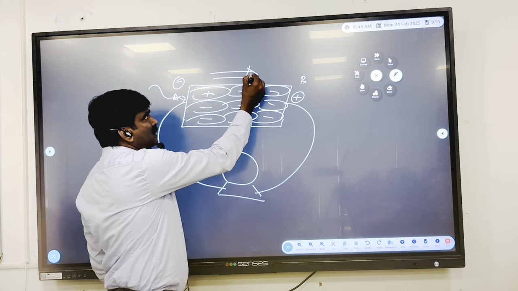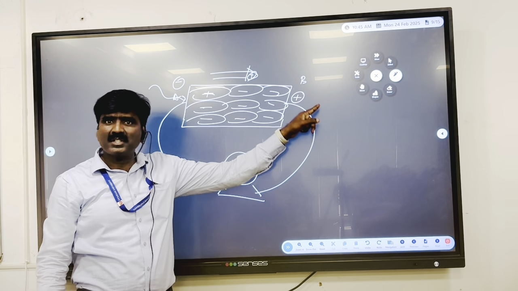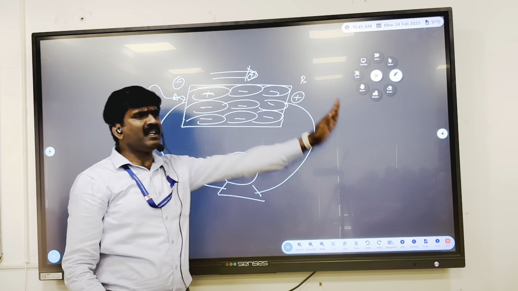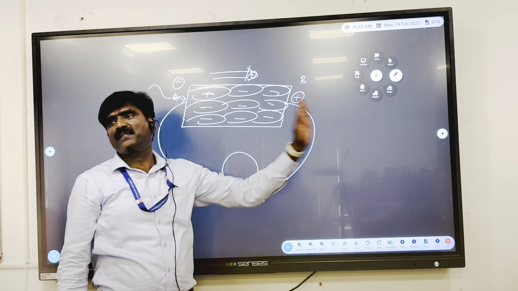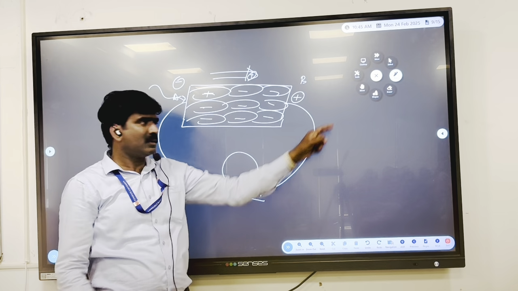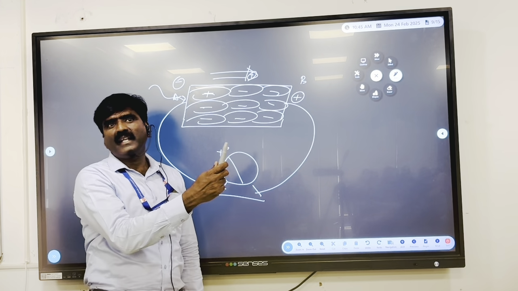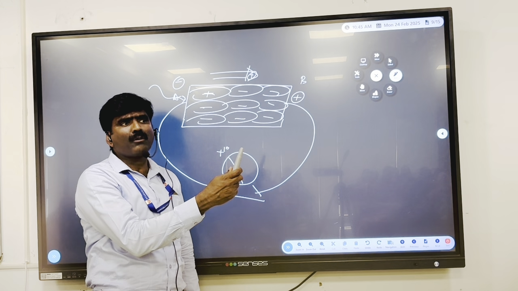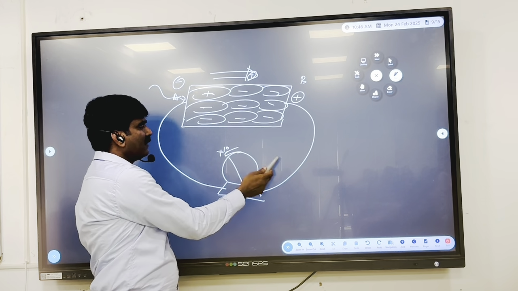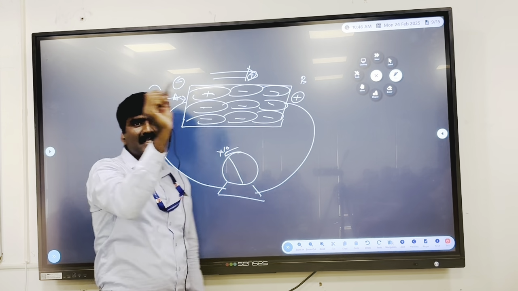The positive vector is moving towards the positive electrode, but this time the current is moving very fast. So will deflection be positive or negative? Positive. Deflection will be positive. And will the needle deflection be slow or fast? Fast. So this needle will move very fast and come back. So that is the 7th principle.